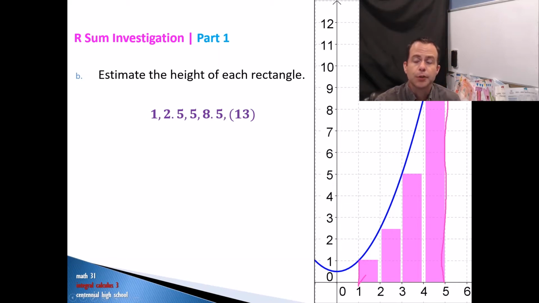Actually, let me draw you a picture of that. I could have made the rectangles look like this, and then I would have gotten new heights, but I would have had an overestimation instead of an underestimation. You can see this one is an underestimation because of all this white space that's there.